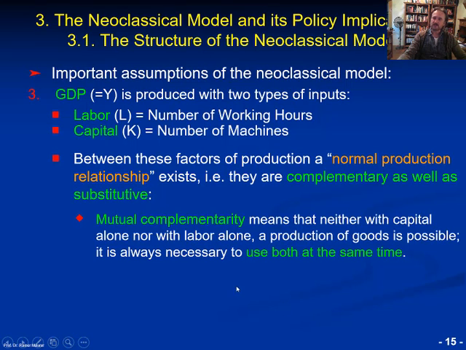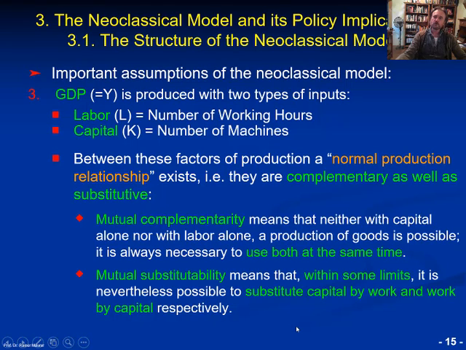It is always necessary to use both of them at the same time. Mutual substitutability means that within some limits it is nevertheless possible to substitute capital by work and work by capital.